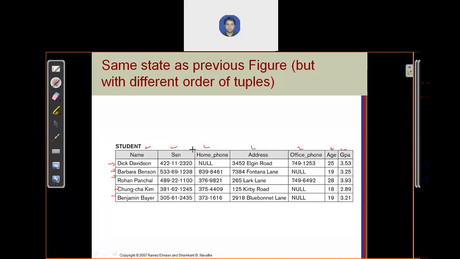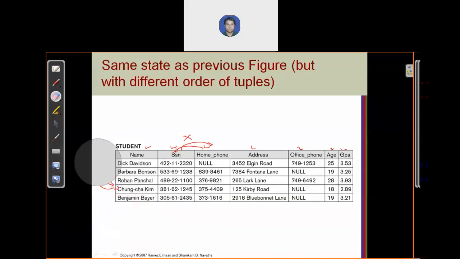I have not moved the SSN to come after the phone number. You can change the row order, but you cannot change the column order.